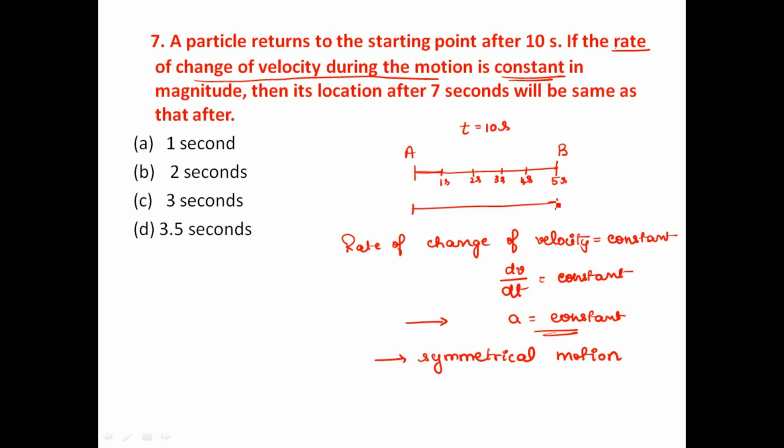Since the motion is symmetrical, at 5 seconds it will be at B, and at 6 seconds it will cover some distance. After 7 seconds it will cover so much distance. After 8 seconds, 9 seconds, and after 10 seconds, at the 0th second it was at A. When it again came back to A after 10 seconds, then it has reached its destination, right? So they have asked its location after 7 seconds will be same as that after.